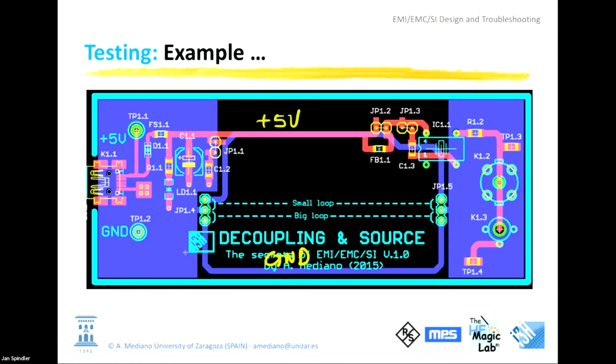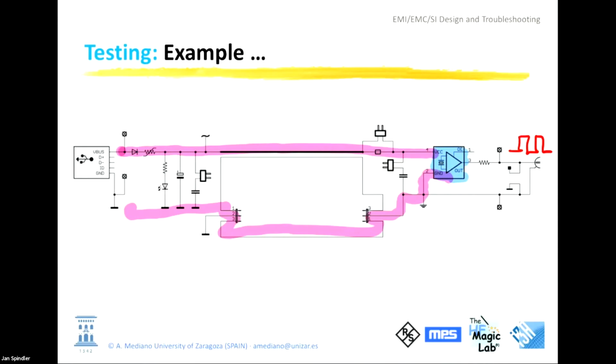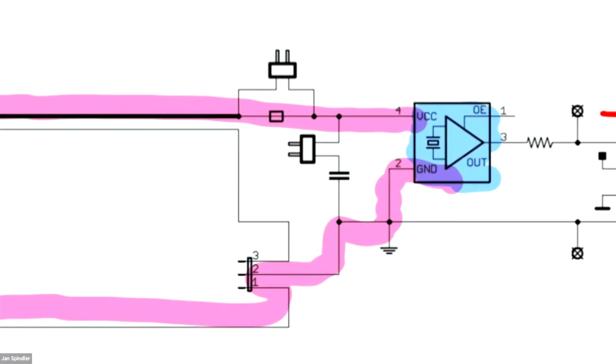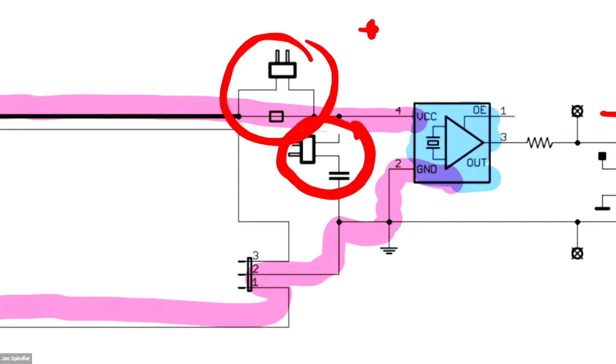So what I have is transients going in this direction and returning in this direction. There is no decoupling circuit. Look at this. The decoupling circuit is done with this. It's a capacitor and a ferrite in series, something like this.